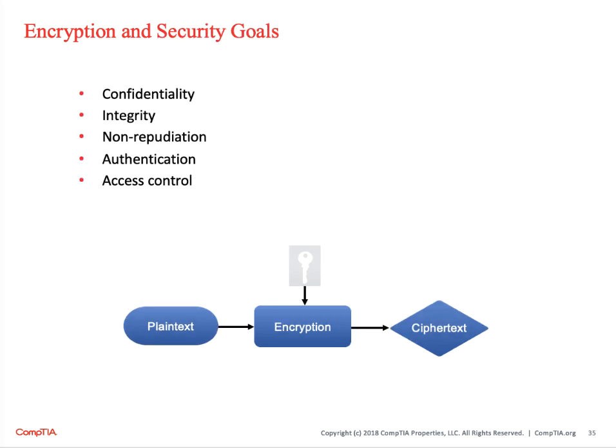So our encryption and security goals. Encryption is used for confidentiality by protecting our data from unauthorized access. It is used for integrity because it's hard for people to decipher encrypted data if they don't have the supporting key, right?